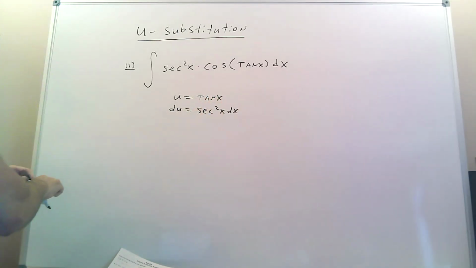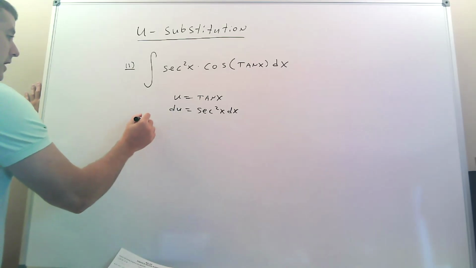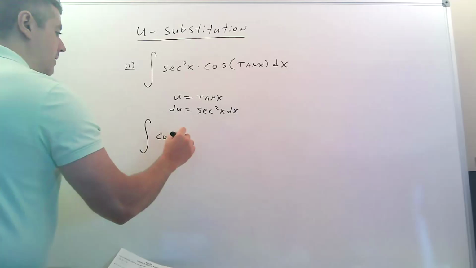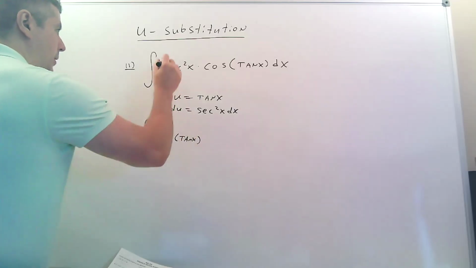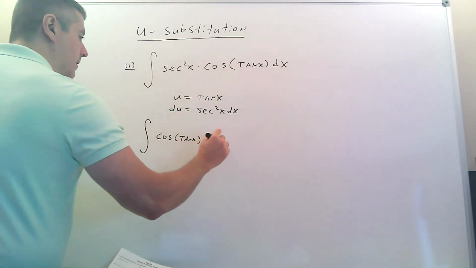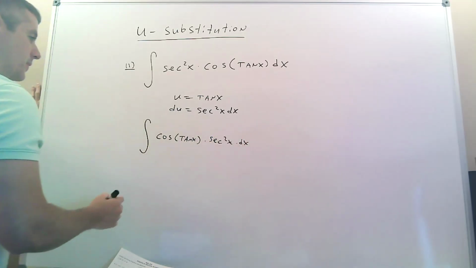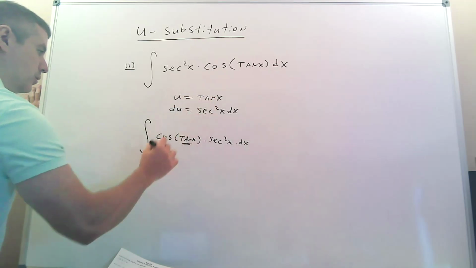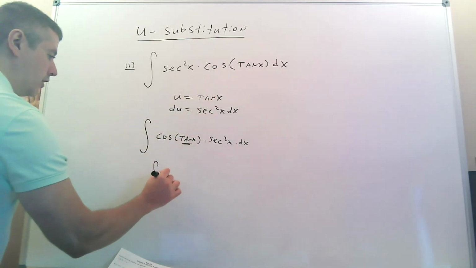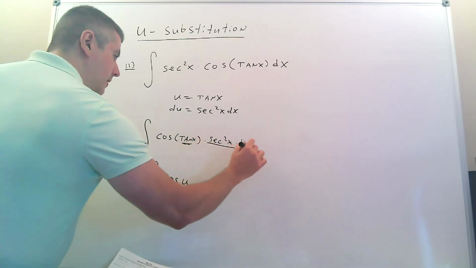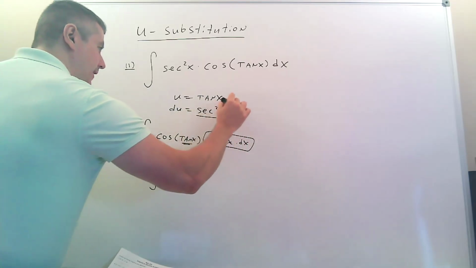Now, this one is spectacular, because once you plug in here, let me rewrite it. I'm going to put cos tan. I'm going to put the secant squared over at the end, so you see how clear this is. I'm going to replace this with u, so I get cosine u. And look at that. It's right in there.